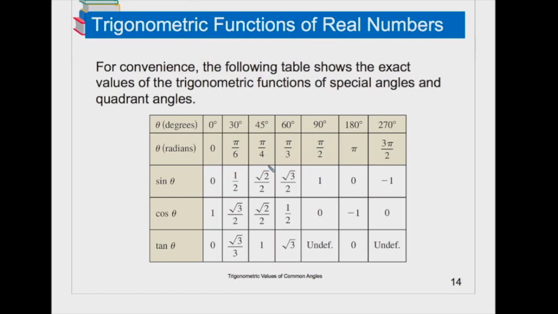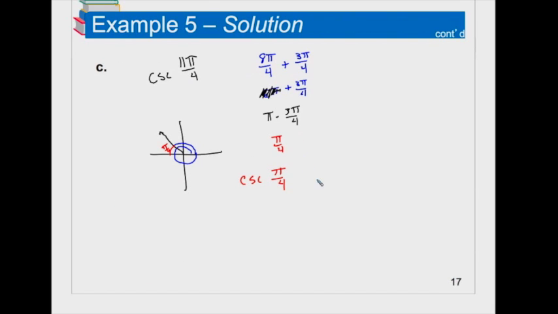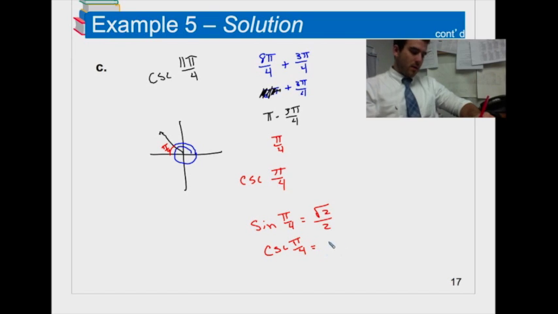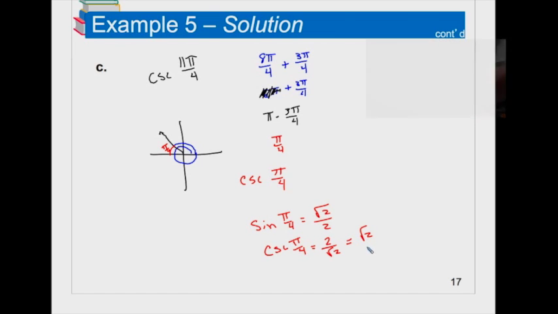Pi over 4, 45 degrees, sine of it, square root of 2 over 2. So if I want the cosecant of pi over 4, that should just be the reciprocal, 2 over the square root of 2. If I take the radical out of the denominator, that's just going to equal the square root of 2.